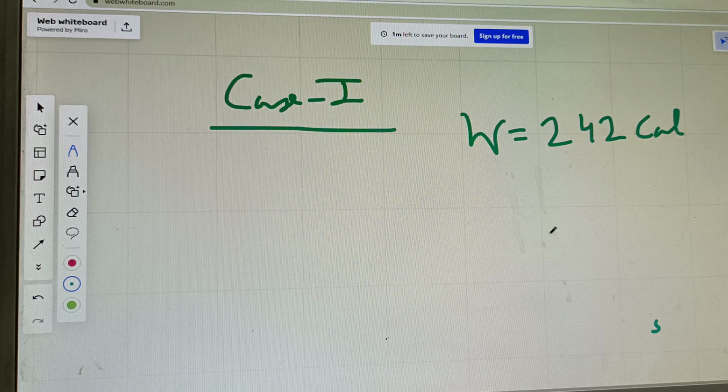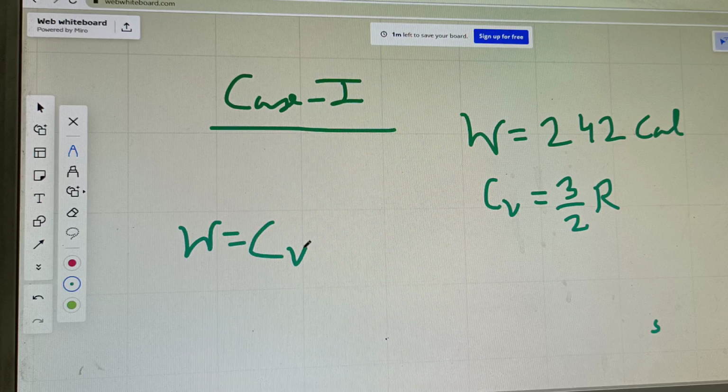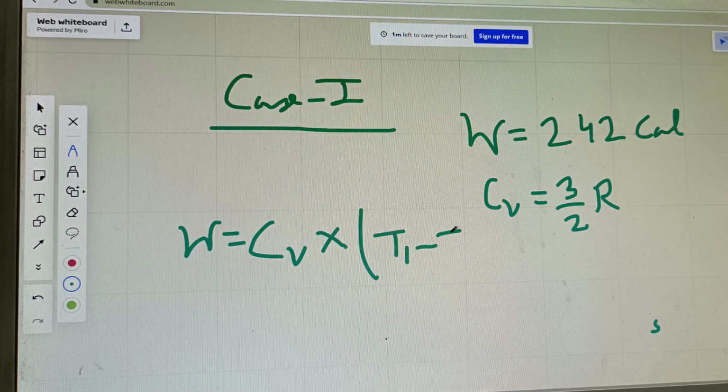As the gas is monoatomic, CV equal to 3 by 2 R, and CP is 5 by 2 R. Now for case 1, W equal to CV into T1 or T initial minus T2.